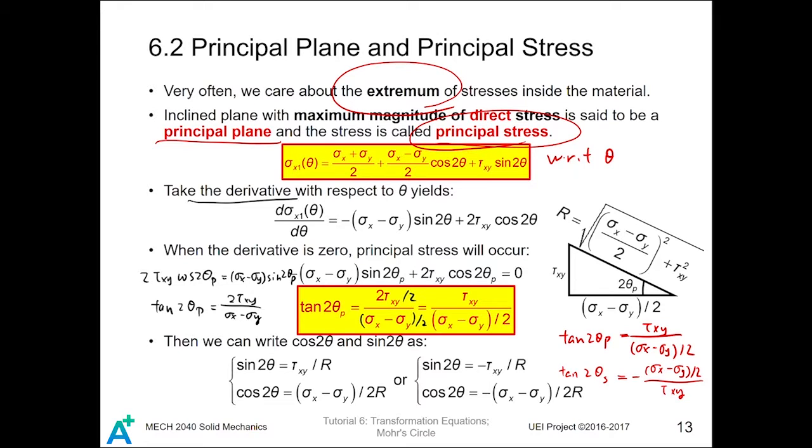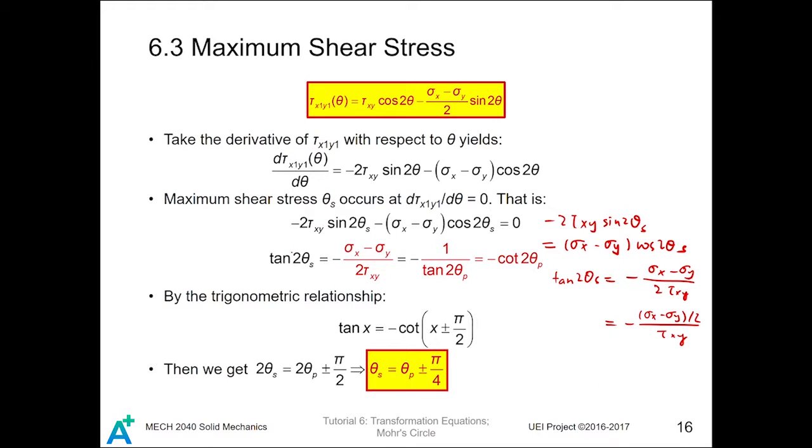Immediately, you can find the relationship that tangent 2 theta p equals minus cotangent 2 theta s. We can still write in this form: tangent 2 theta s equals minus cotangent 2 theta p.